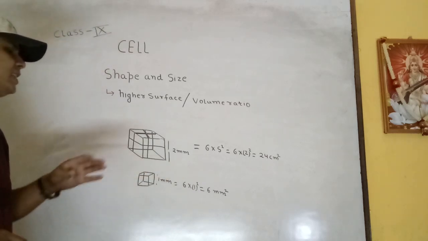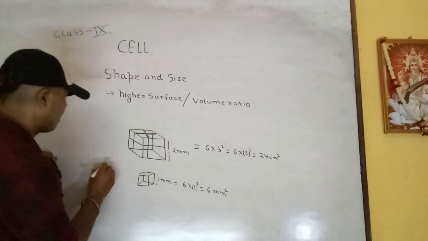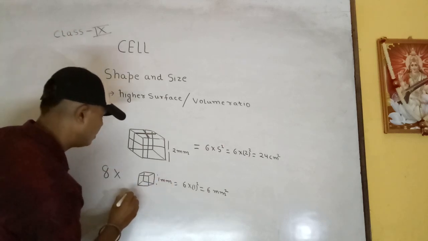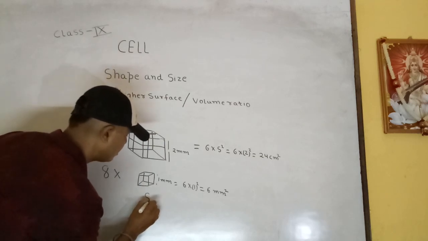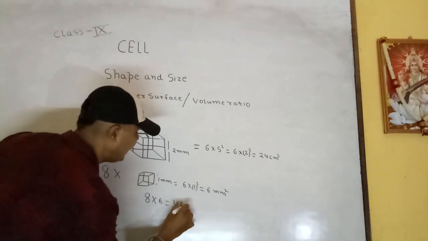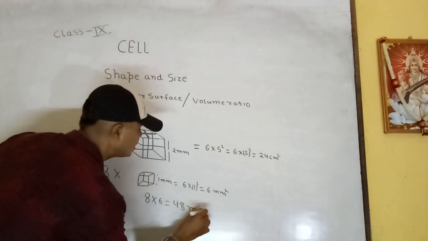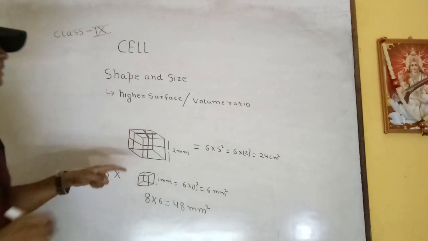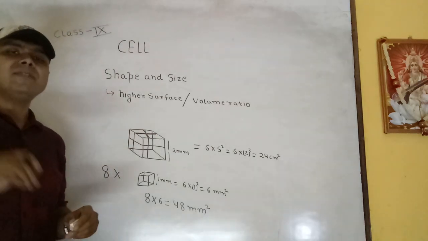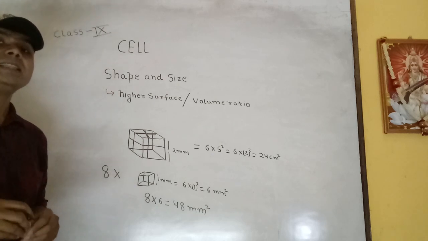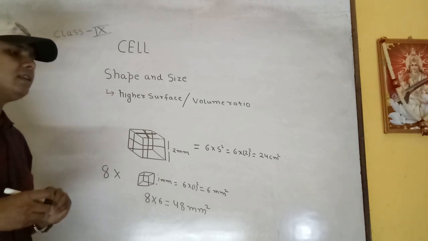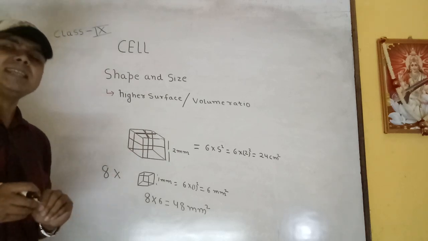What will be the surface area of the resulting 8 cubes? 8 into 6, that is 48 millimeter square. That simply means when we decrease the size of the cell, the resulting cells will have more surface area than a larger cell.